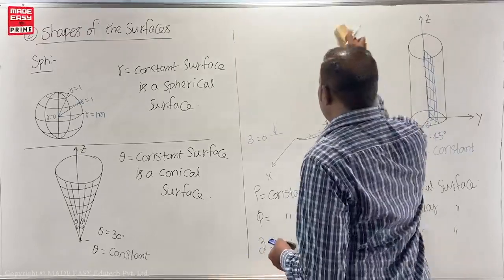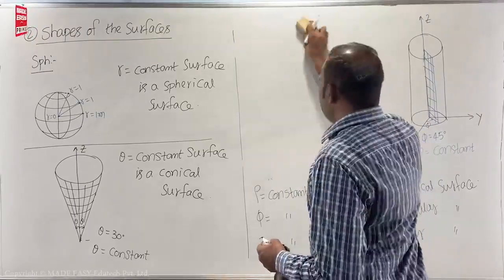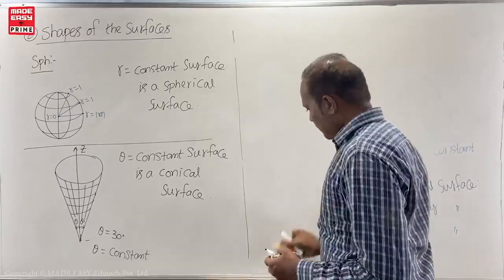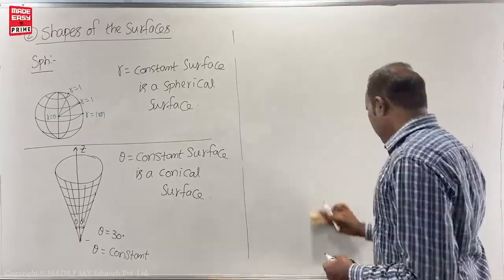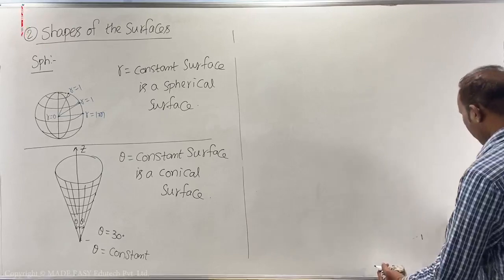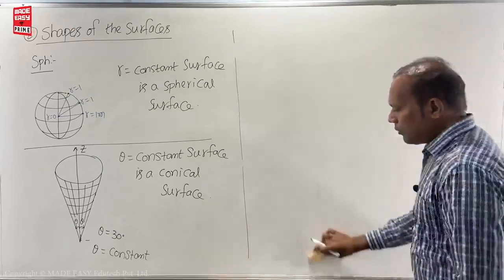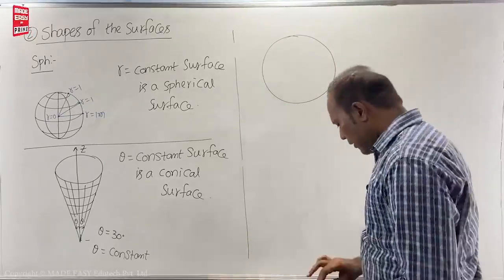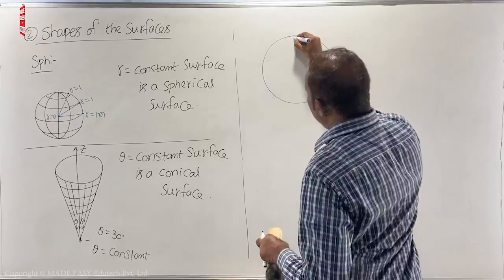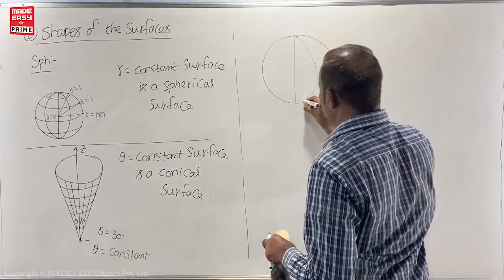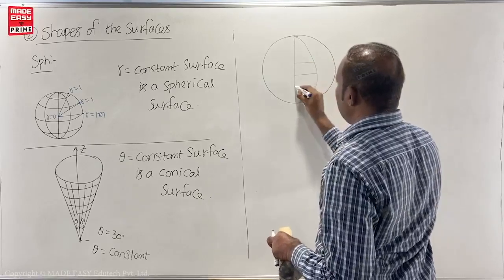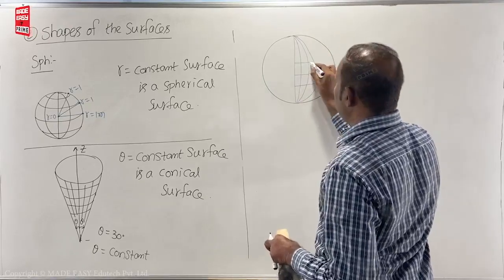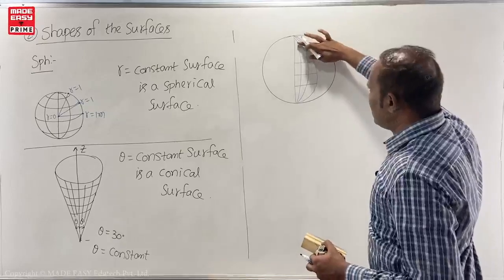So here, if you take a sphere, and from that sphere you take a semicircle like this, and for this semicircle, dear students, like this it is. For this semicircle, otherwise I will do one thing, no?